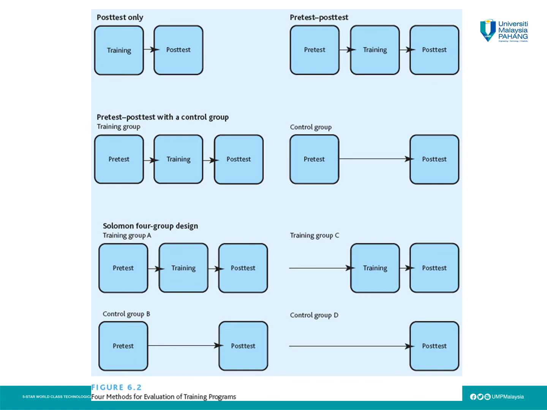Training group A does the evaluation for both pre-test and post-test. Training group B also does the pre-test and post-test evaluation. Training group C is given the training and only does the post-test evaluation. And control group D only does the post-test evaluation. So these are the differences between these 4 methods for evaluating a training program.